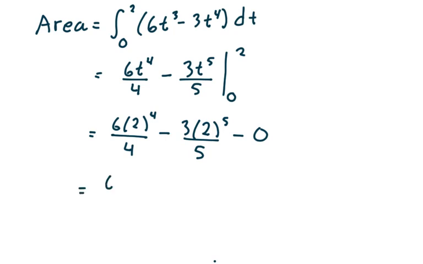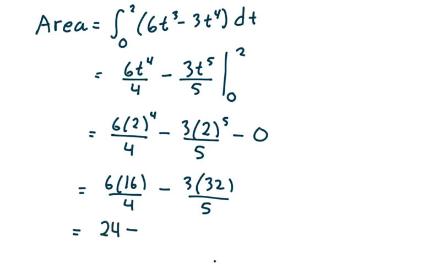So 6 times 2 to the fourth is 16, divided by 4, minus 3 times 2 to the fifth is 32, divided by 5. And so 4 goes into 16 4 times. 4 times 6 is 24. So this is 24 minus 96 over 5. And so the answer to example 1 is 24 fifths.